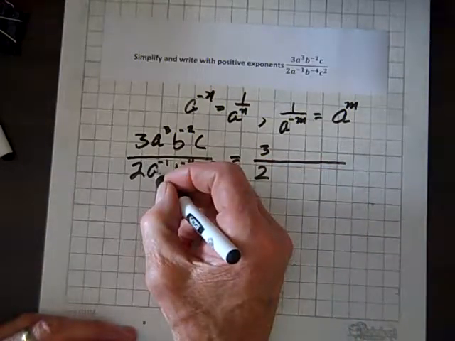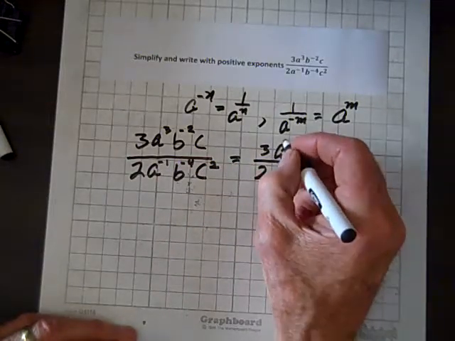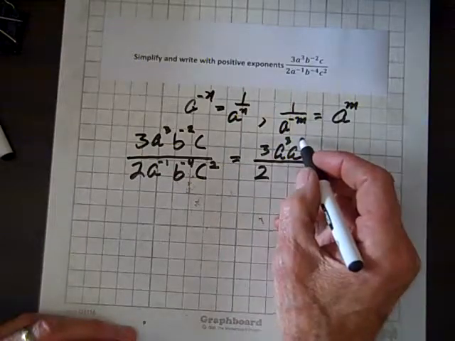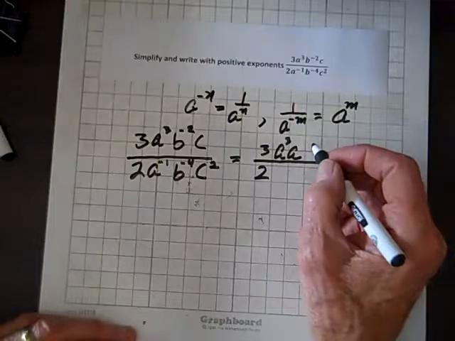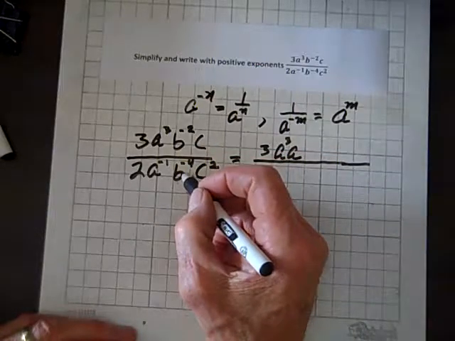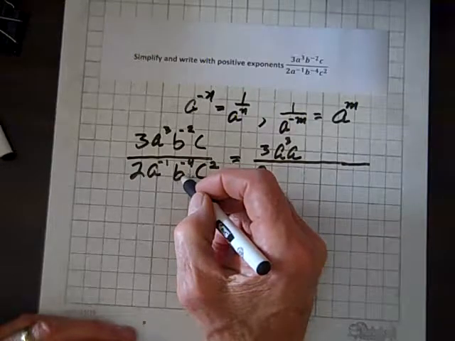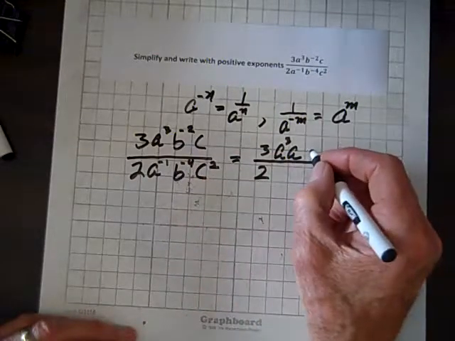But I can move this a to the negative 1 upstairs, so I'll have a cubed times a. The 1 is understood. And I can also move this base here, b to the negative 4th, upstairs, by changing the sign.